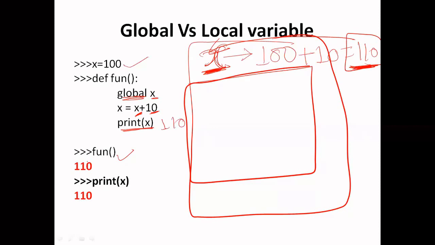Important is that after control comes back to this point, we will get the answer 110 because of this line. And after this line, if I print the variable x again outside this function, I will get the updated value, because now this variable x, which is in the global namespace, is referring to this object 110.